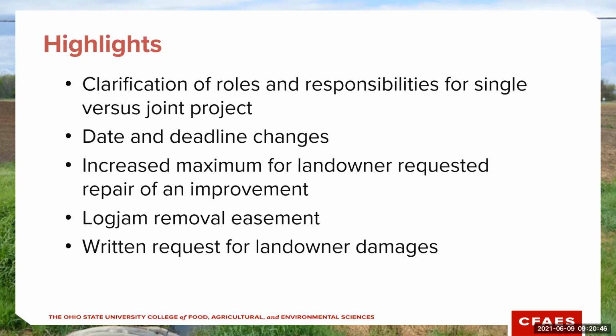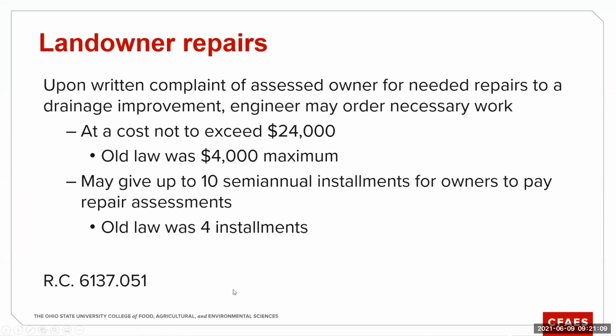We made some changes to dates and deadlines as we did with the overall procedure. And we increased the maximum for landowner requested repairs, added a logjam removal easement, and required landowners to make a written request for damages. Let me go into a little more detail on those last three for you.